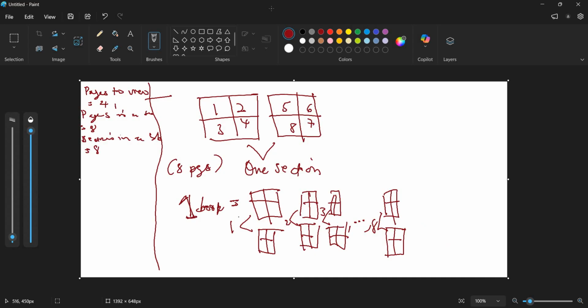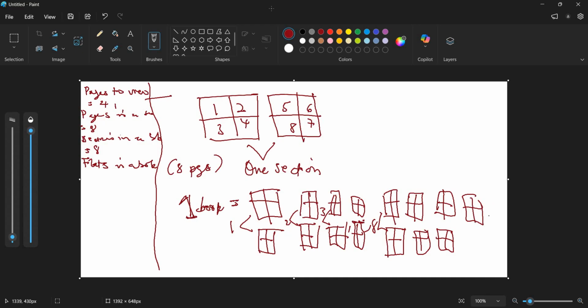Do you get it? All right. So if I'm coming to flats in a book, right, I know that this is one section, this is another section, this is another section. So let me take my time to draw all of them. 8 of them, 1, 2, 3, 4, 5, 6, 7, 8.